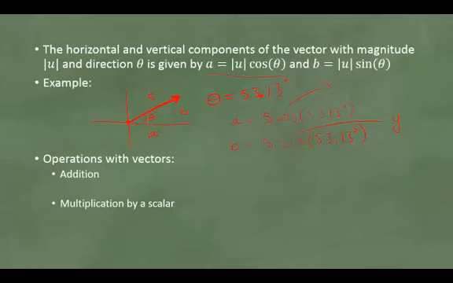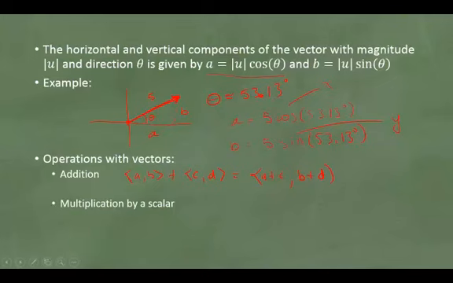Operations with vectors. If we want to add two vectors, and let's say we have them in the form a, b and another vector c, d, in other words, we have their x and y components, then we just add the x's with the x's, a plus c, and b plus d. Add x to x and y to y.